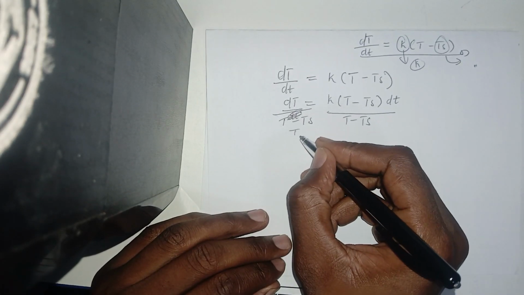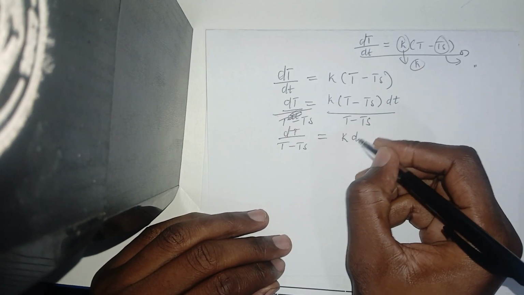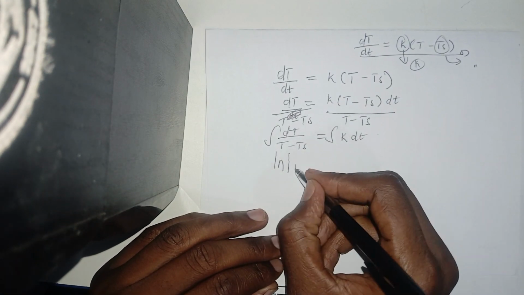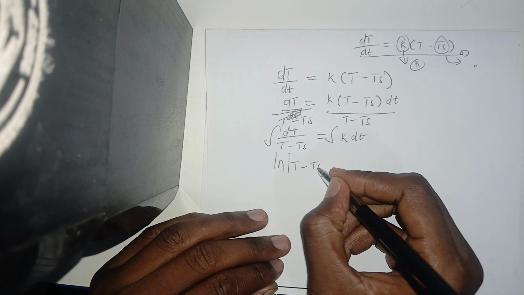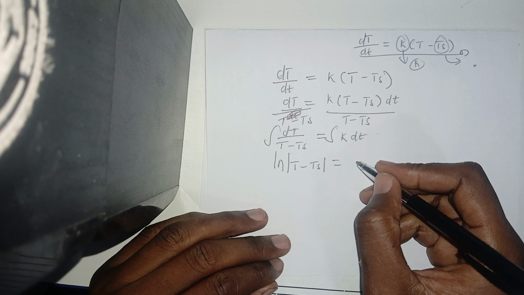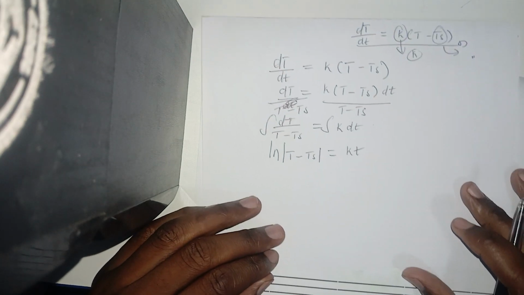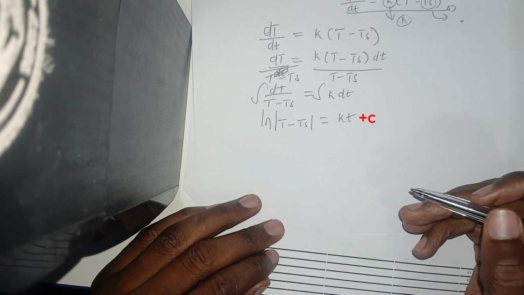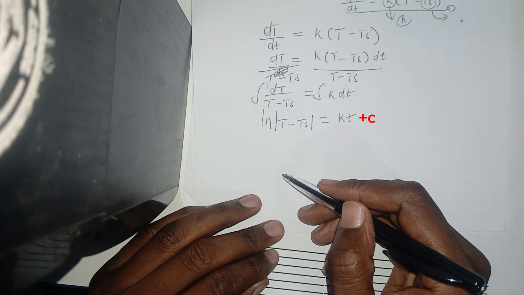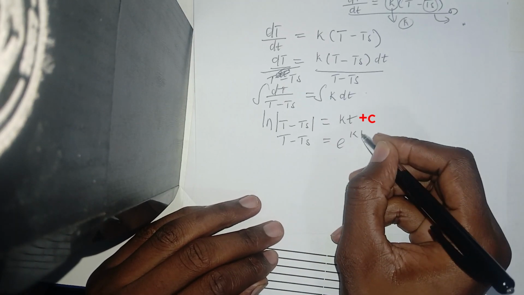So now it's dT over T minus Ts is equal to k dt, right? Now you have to do direct integration. So it will be ln of T minus Ts is equal to kt. Then when you are dealing with this kind of equation, solving for T, you're going to say this.